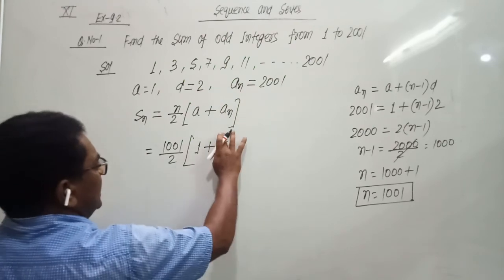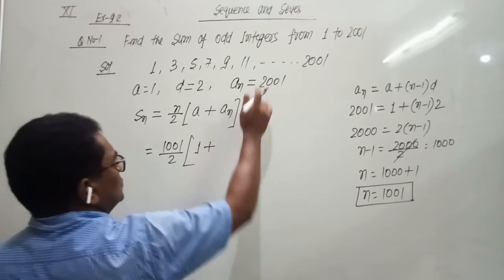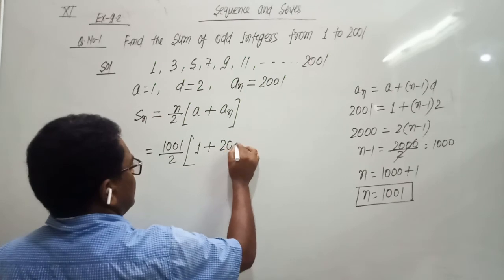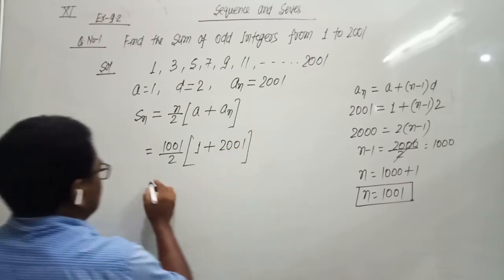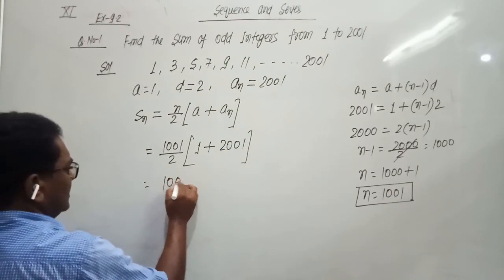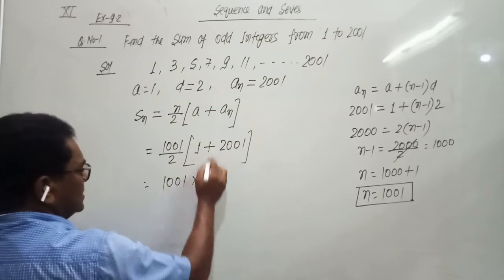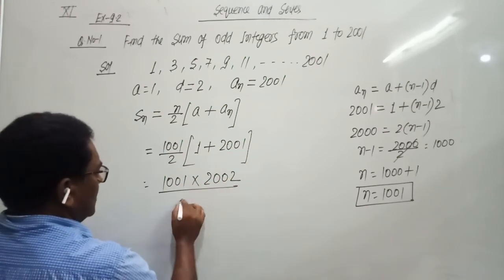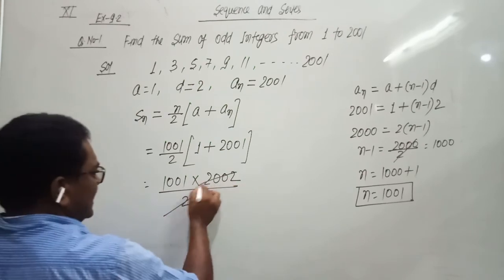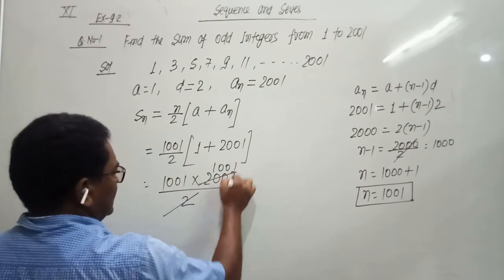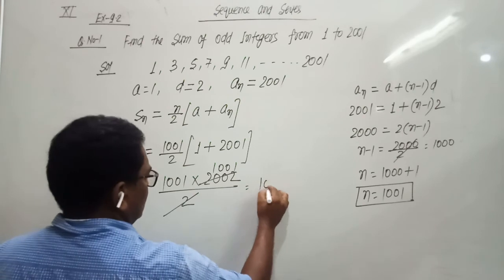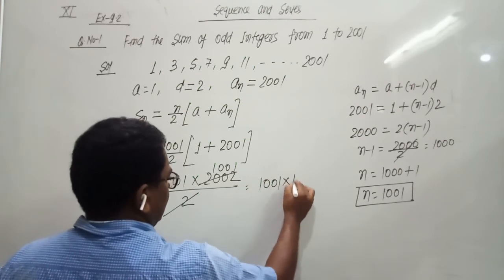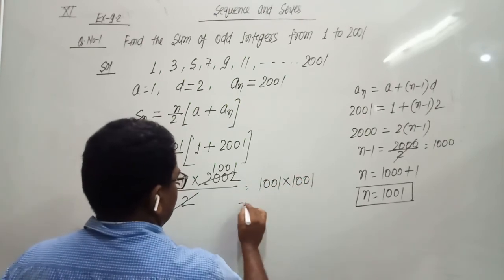The value of An is 2001. So 1001 into 2001 plus 1, that is 2002 upon 2. It gets cancelled by 1001. So 1001 multiplied by 1001.